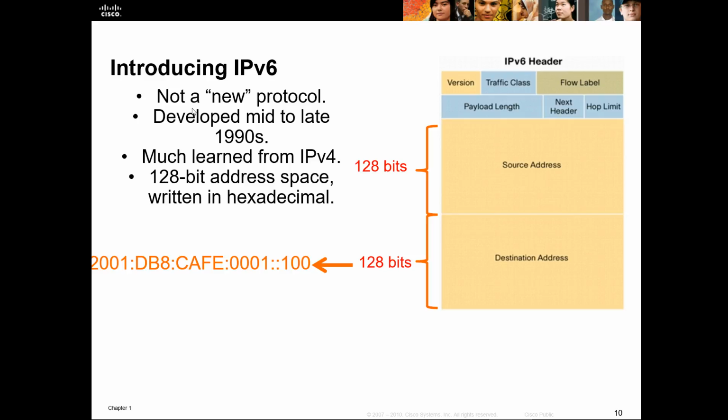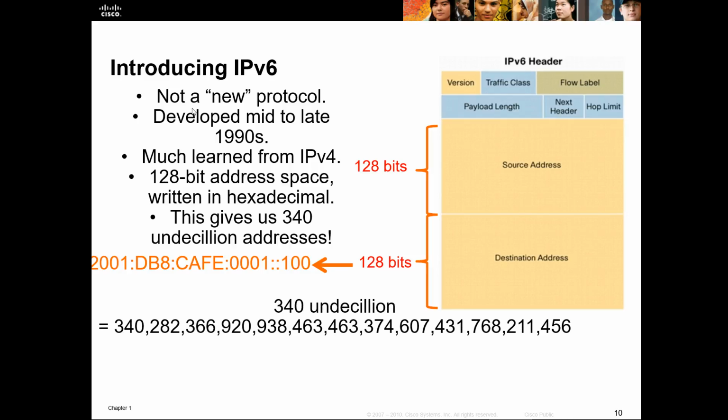2 to the power of 128 is 340 undecillion. I might be wrong with my numbering, but it should be 340 undecillion, 282 decillion, 366 nonillion, 920 octillion, and so on through quintillion, trillion, billion, million, hundred thousands, thousands, then hundreds.